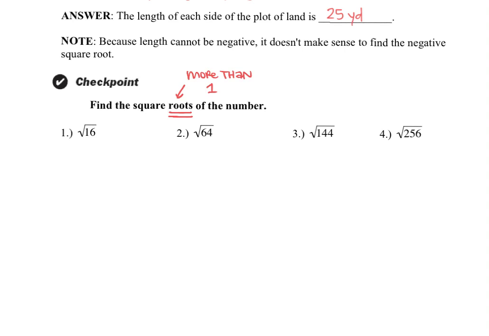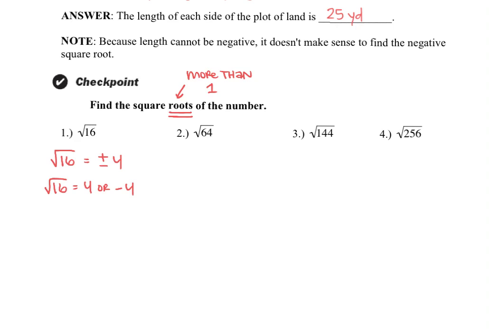All right, so what are the square roots of 16? Well, the square roots of 16 would be plus or minus 4. The big mistake people make is they just say it's 4. It is not only positive 4, it could also be negative 4. So the easiest way to write that is with the plus or minus sign. It would not be wrong if you put 4 or negative 4 like that. You could also write it that way. It's just a little quicker to use that plus or minus sign.